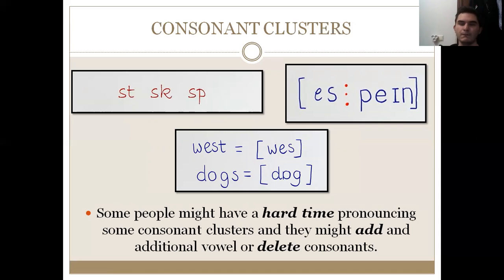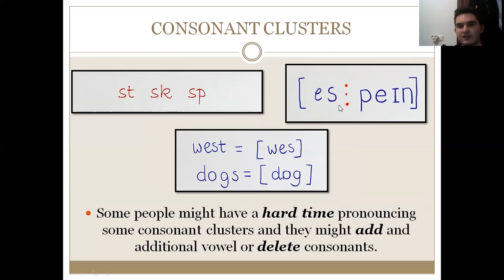For some people, these consonant clusters are hard to pronounce. So in order to overcome this hardship, some people add an extra vowel to make it easier to say these words, or they completely delete some of the consonants from the word.